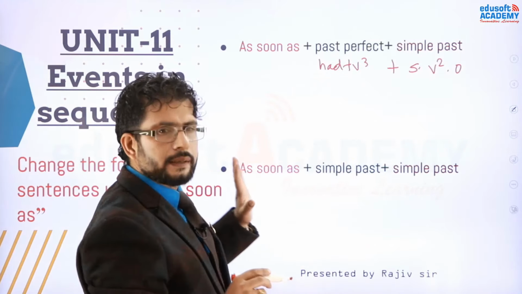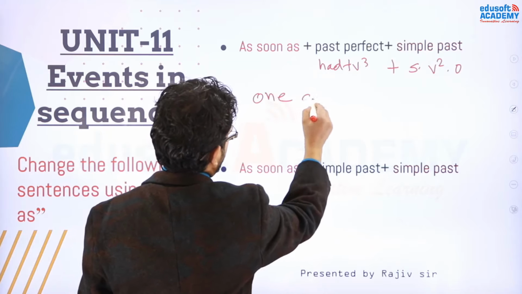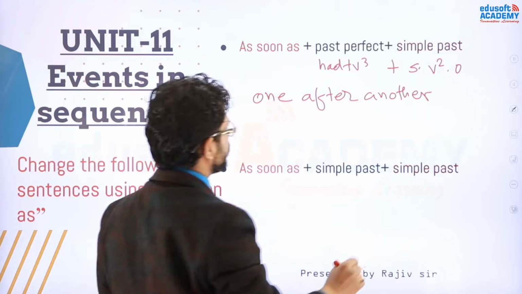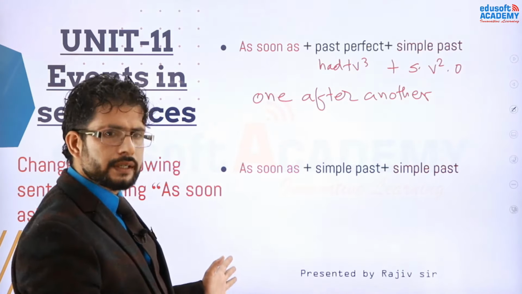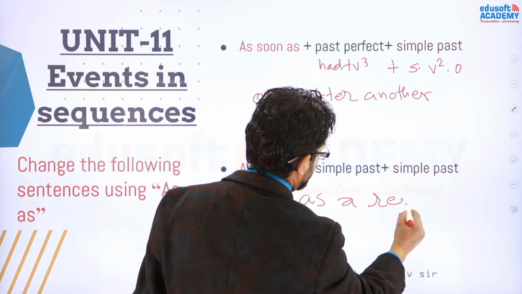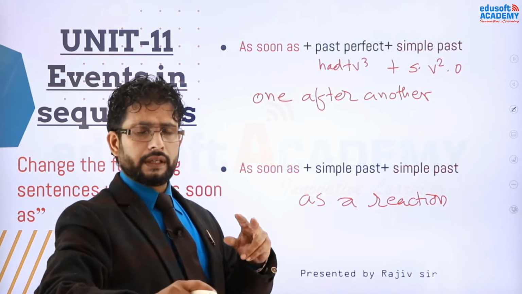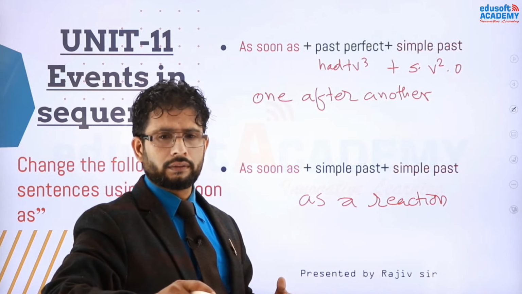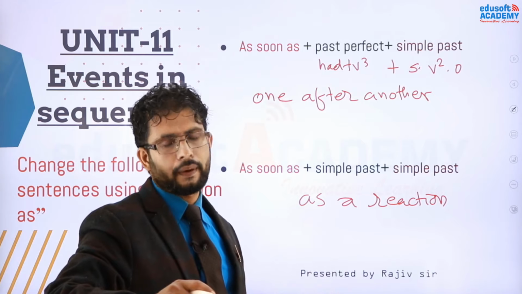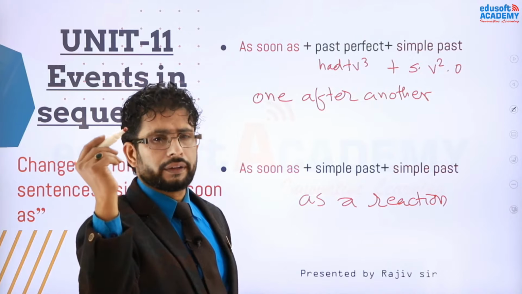So it occurs if two events occur one after another. Here, simultaneously, or as a reaction. If two events occur as a reaction, then you are going to supply simple past plus simple past. Is it clear? Okay.